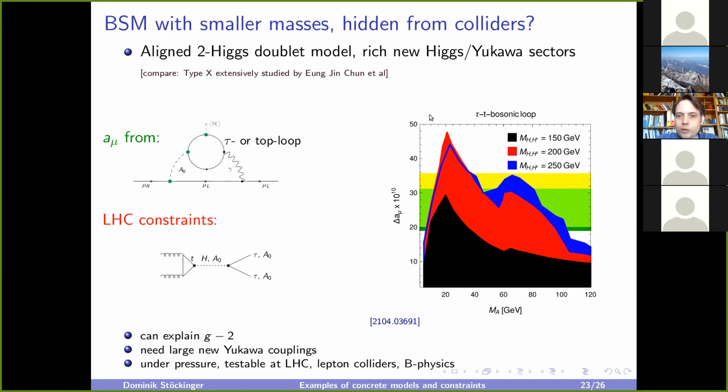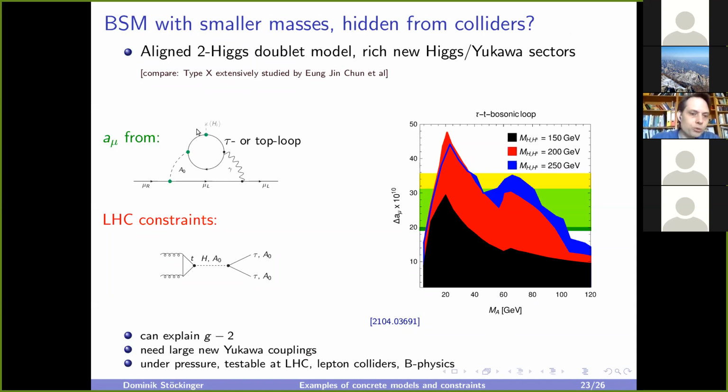I show here a further generalization of this, the so-called flavor-aligned 2 Higgs doublet model, which contains type X as a special case or a subset in parameter space. But anyway, the 2 Higgs doublet model is, of course, a very nice model which implements the idea of a richer Higgs sector, and it involves also a rich new Yukawa sector.